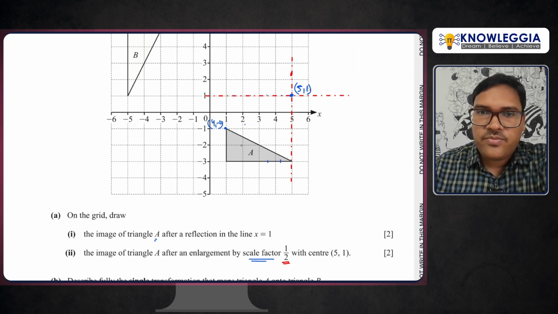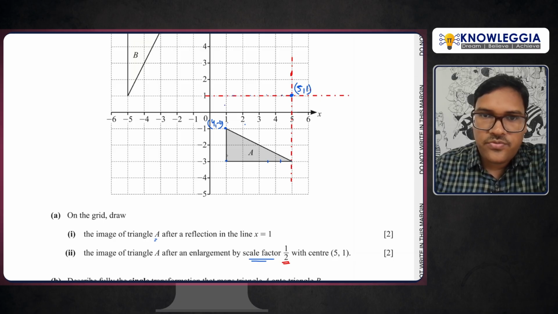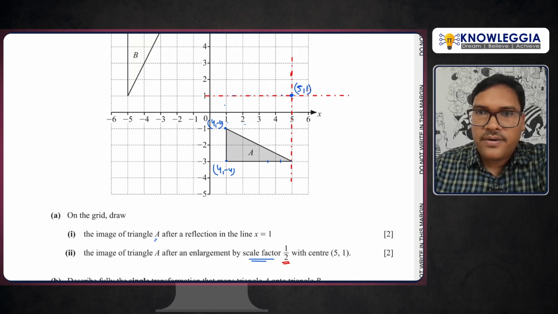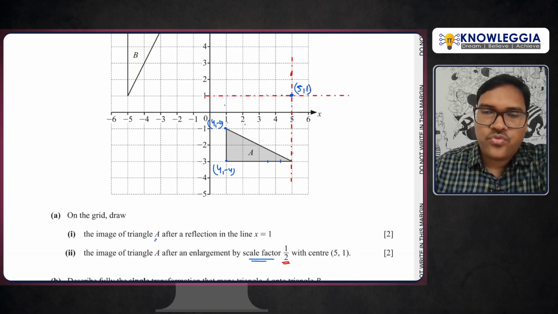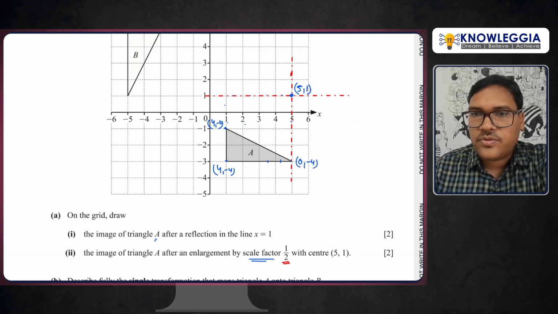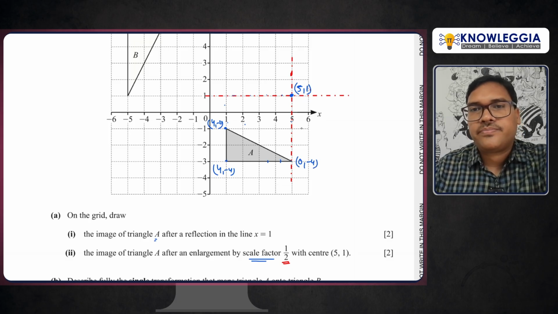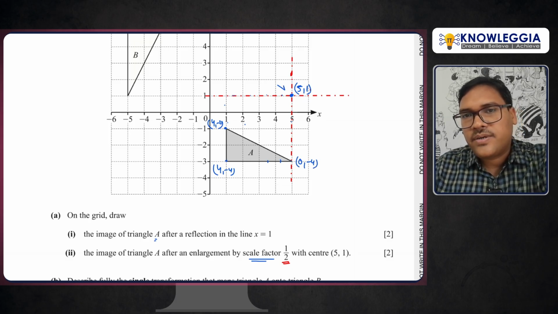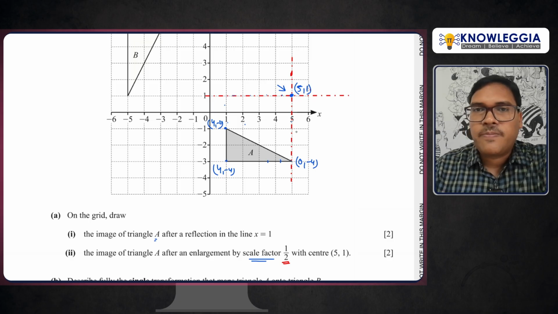With respect to 5 comma 1, what is the coordinate of this point? You can see this is 1 2 3 4, 1 2 3 4, 4 comma minus 4. And with respect to this, what is the coordinate of this? You can clearly see this is 1 2 3 4, 4 units down. So this is 0 comma minus 4 with respect to 5 comma 1, right? I'm considering this as origin. Then what are the coordinates?